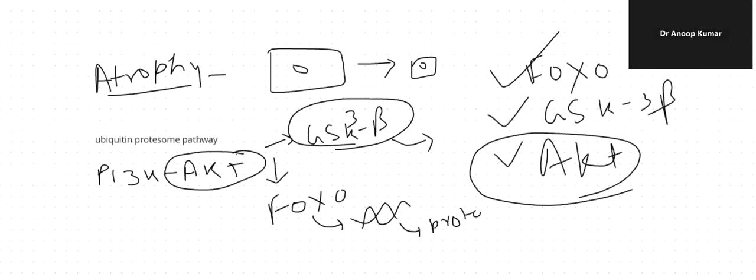So why is it a ubiquitin proteasome pathway? This ubiquitin is a small protein which covalently attaches to the target proteins. For example, this is the protein, and now you want to degrade it because atrophy is going to happen. So how will it be degraded? Ubiquitin proteins will be synthesized during the transcription translation process, which may be activated by your FOXO.